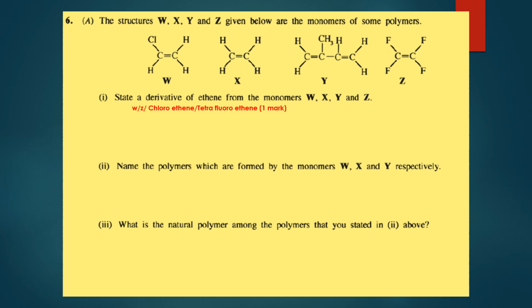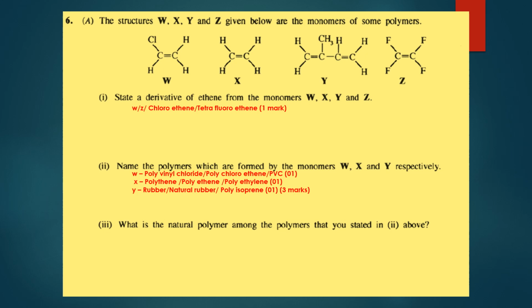Polymer formed by the Y means isoprene, so polymer is the polyisoprene. W, polyvinyl chloride or polychloroethene, or in short PVC. X, polythene, polyethene, polyethylene. Y, rubber, natural rubber or polyisoprene. You can earn 3 marks for that.